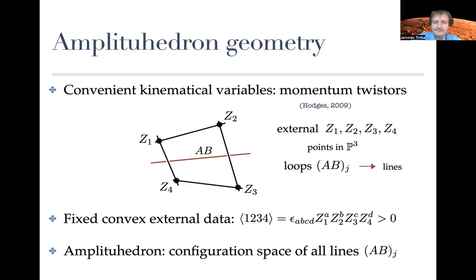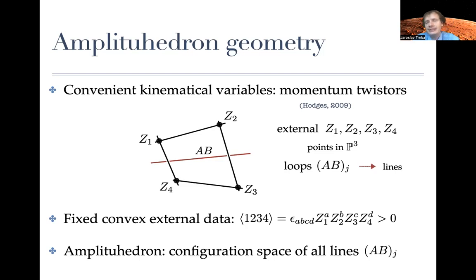Now, there is a positivity condition on the external data and on the loop momentum AB. Because at 4 points, which is why I chose it, the positivity condition on external data is trivial. We impose only one condition: that the Zs are 4-dimensional, so the only invariant we can make from them is a 4x4 determinant.